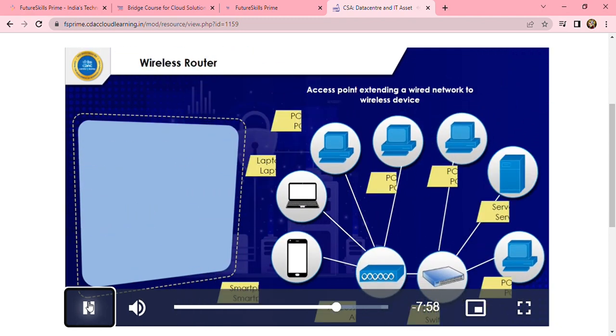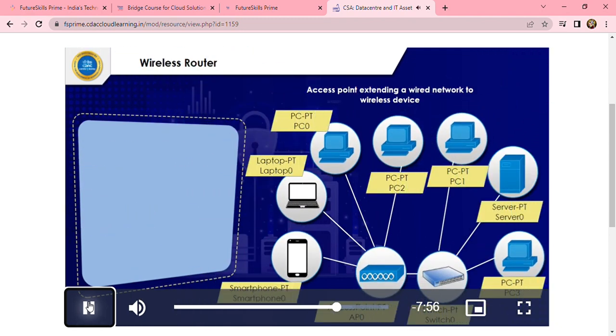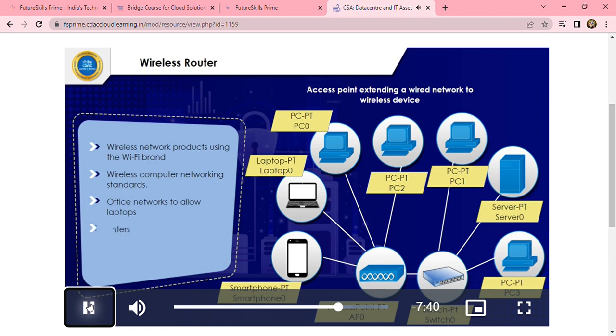The standard and amendments provide the basis for wireless network products using the Wi-Fi brand, and are the world's most widely used wireless computer networking standards. IEEE 802.11 is used in most home and office networks to allow laptops, printers, smartphones, and other devices to communicate with each other and access the Internet without connecting wires.